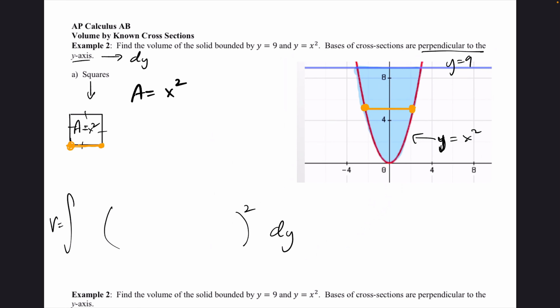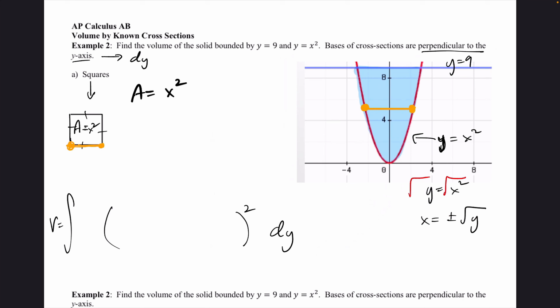What's wrong with this? It's not in terms of y. So we have to change it in terms of y. How do you do that? Make it say x equals. We don't want it to say y equals. I want it to say x equals. So to solve for x, I take the square root of both sides. So I get x equals plus or minus square root y. It's the same graph, but solved in terms of y instead of in terms of x.